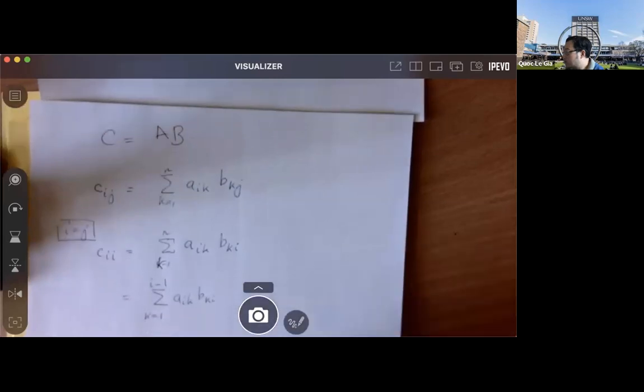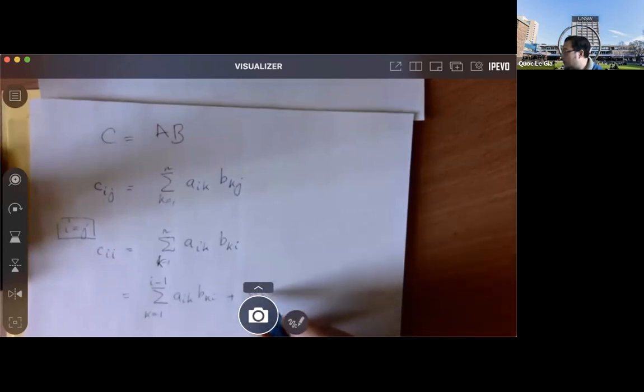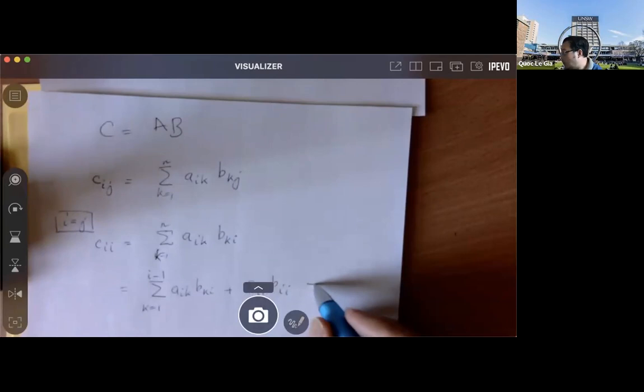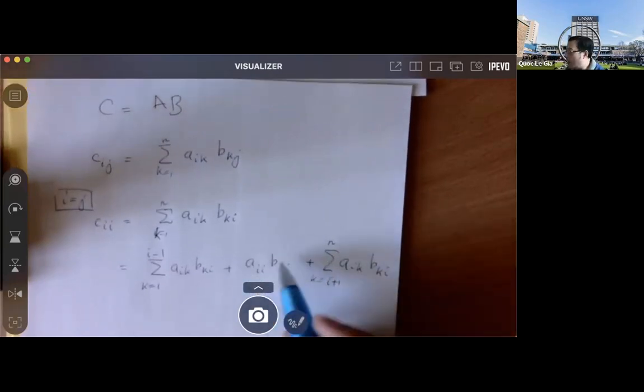And then Aii, now in a separate term, Aii Bii. And then I start again, k equal to i plus 1 to n, Aik Bki. And you see that Aii is a diagonal entry, Bii is a diagonal entry. This one is just equal to 1. So good, right?